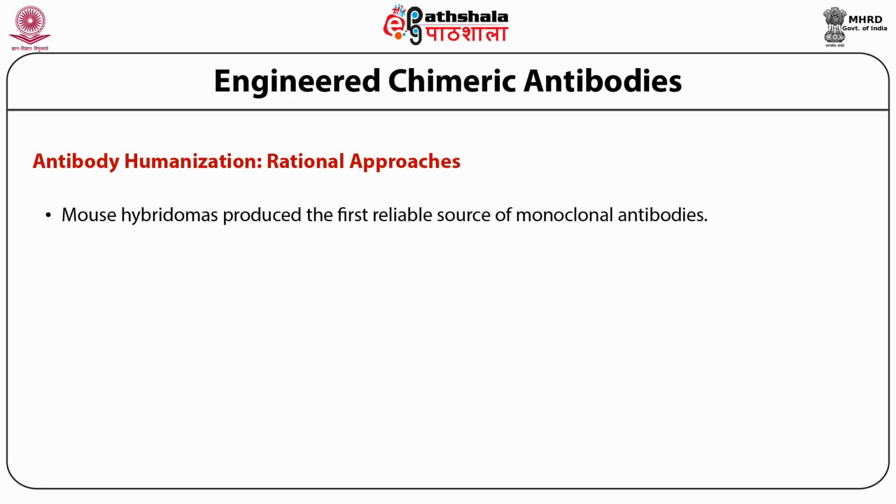So we are in a position to generate therapeutic antibodies in mouse using mouse hybridomas. It is a technique where a myeloma cell is fused with an antibody generating cell.